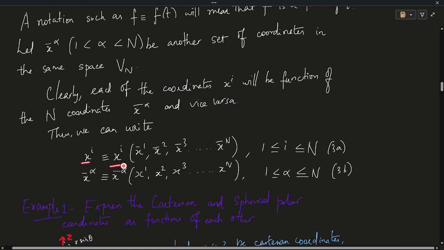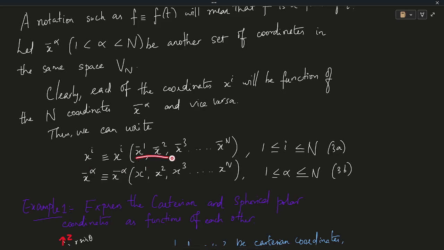The old coordinates xi can be functions of x1 bar, x2 bar, x3 bar, and so forth. And the new set of coordinates x bar alpha are going to be functions of x1, x2, x3. Here, we write alpha and i to say that i can vary from 1 to n.